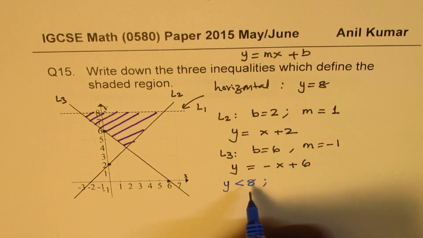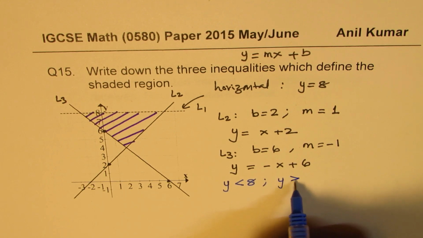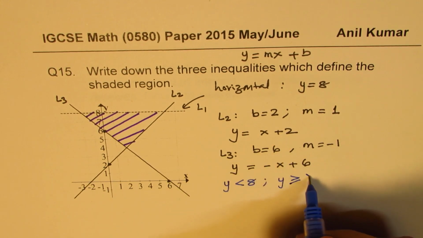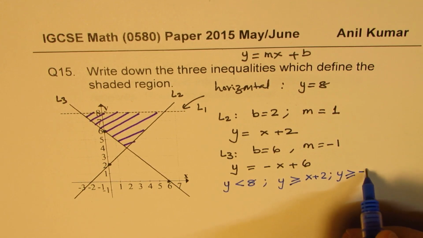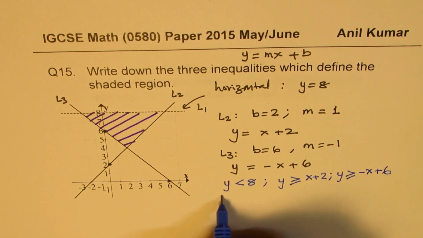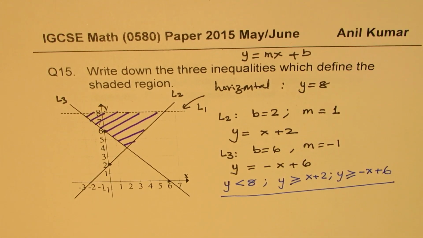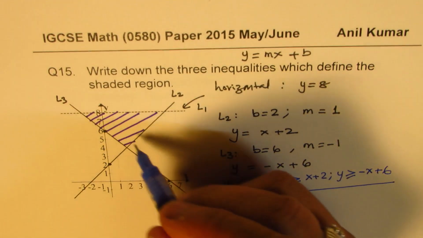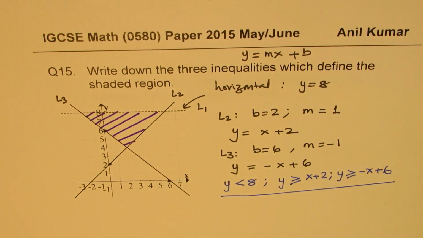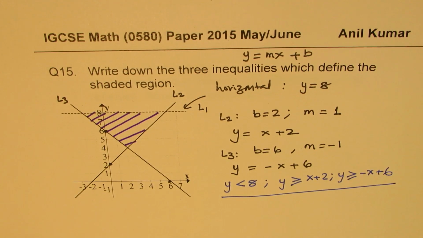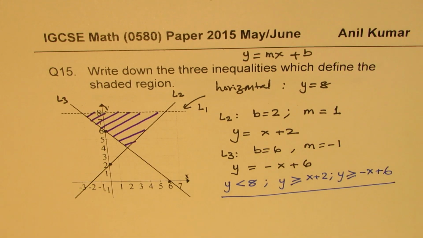So we have y is greater than or equal to x plus 2, and also y is greater than or equal to minus x plus 6. So that becomes the description of the inequalities. Above this, above that, and below the horizontal line gives you the region. Solid lines mean you have to include, dotted lines not to be included, and that's the reason why we have y less than 8. Perfect?